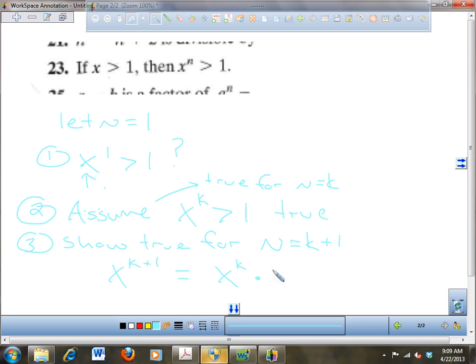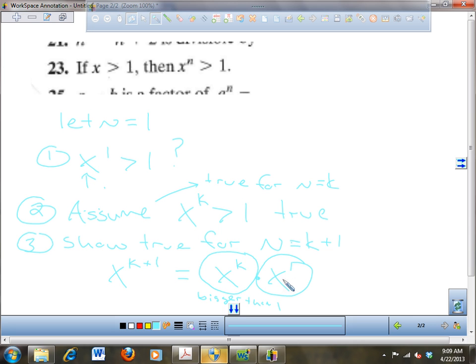You don't have to use logs. Well, we already assumed x to the k is bigger than 1, and if x is bigger than 1, what do I know about x to the 1? So this is bigger than 1.